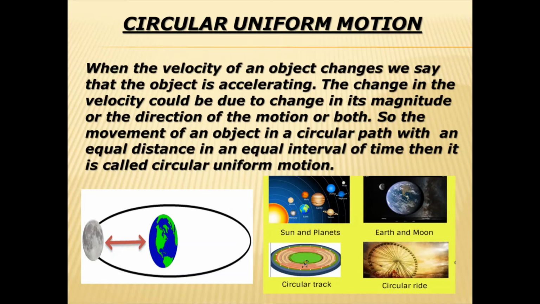A few examples of circular motion are the moon rotating around the earth, planets rotating around the sun, and a person jogging or running around a circular track, etc. These are some examples of circular uniform motion.